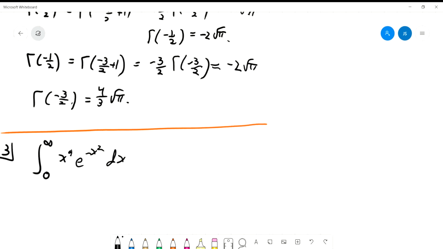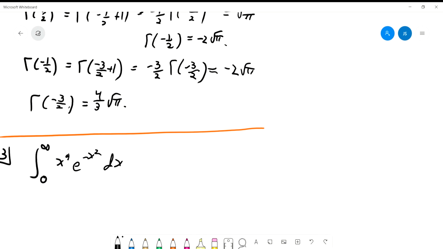The definition of the gamma function is that gamma of x is equal to the integral from 0 to infinity of t to the 1 minus x times e to the minus t dt. That should be x minus 1, not 1 minus x.